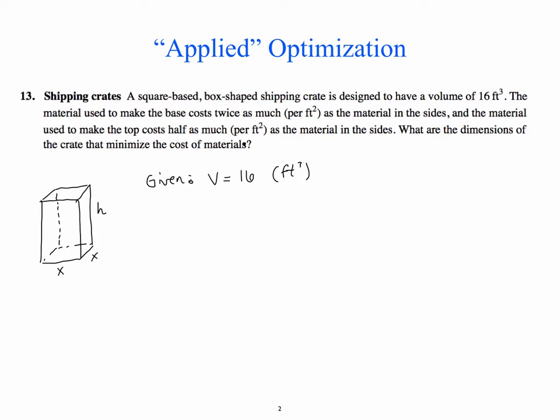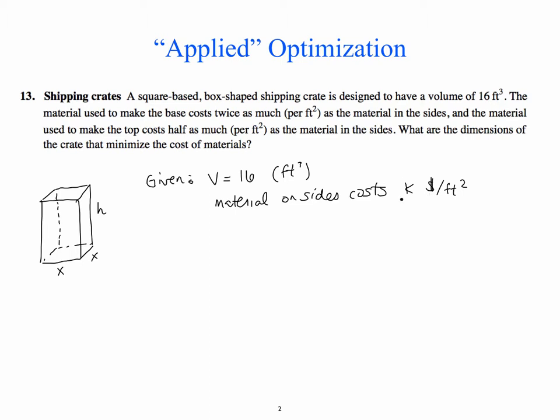Notice they never tell me how much the material on the side costs, right? I don't know how much that costs. So I'm just going to say that it costs some amount. So material on sides costs K dollars per square foot.